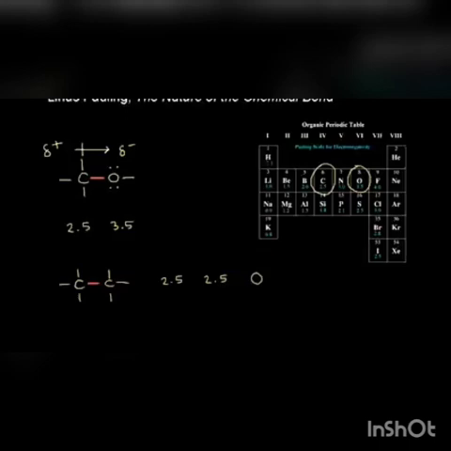They're going to stay in the middle. They're going to be shared between those two atoms. So this is a covalent bond, and there's no polarity situation created here, since there's no difference in electronegativity. So we call this a nonpolar covalent bond. All right, so this is a nonpolar covalent bond like that.